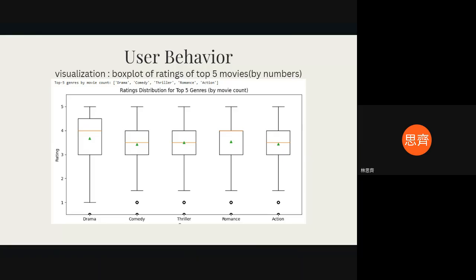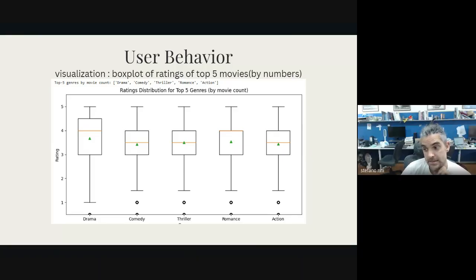Remember the romance, we discussed it in class because we said that romance has a very different rating between male and female, right? This is what will cause a very asymmetric distribution.